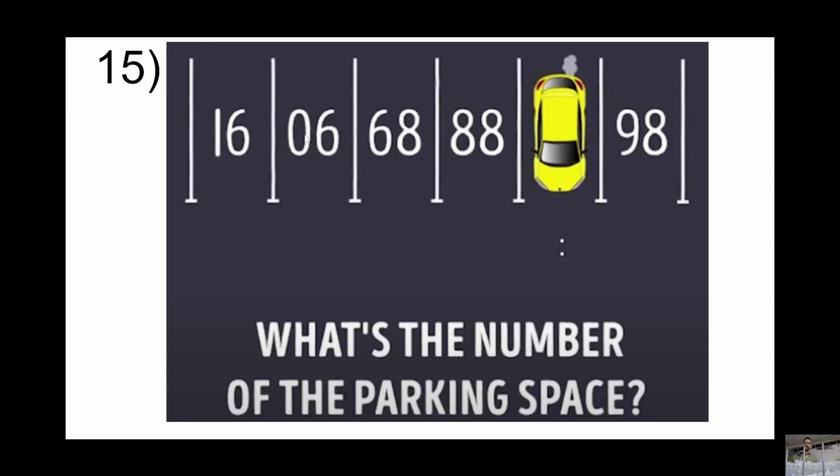It says 6. 06 is 6. But why would you number parking lot 6 as 06? 90. Yeah, they're all upside down. If you turn upside down, you can see that they're all in order. It's 86, 87, 88, 89, 90, 91. That should be your hint that they were upside down.